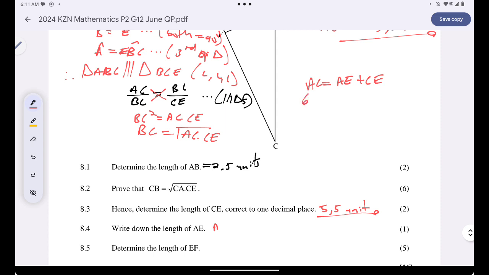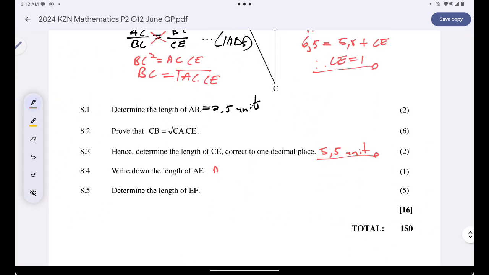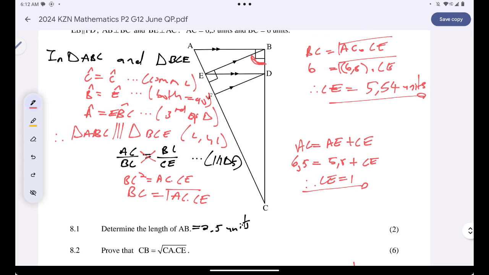AC was given as 6.5, CE we just found out to be 5.5, simply means that AE is 1 unit. So I'll simply write this is 1 unit.